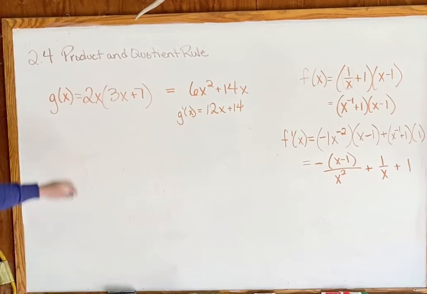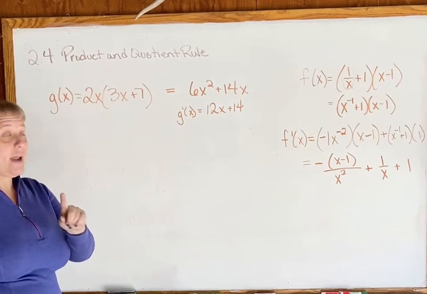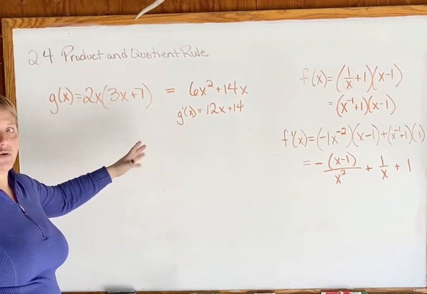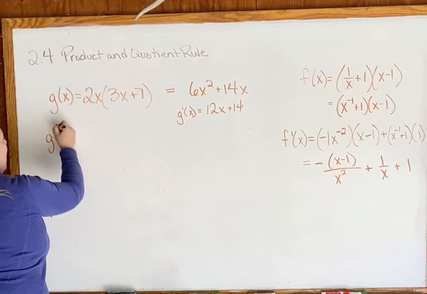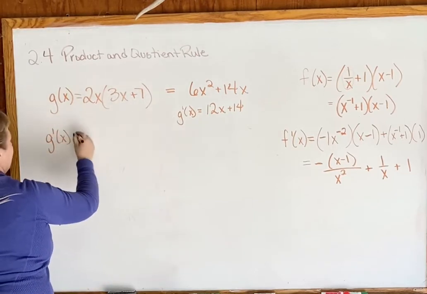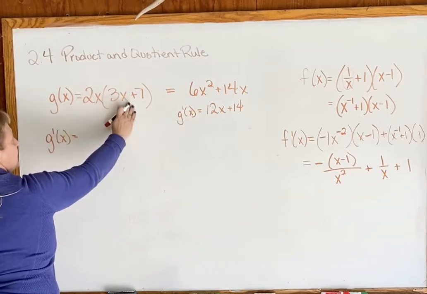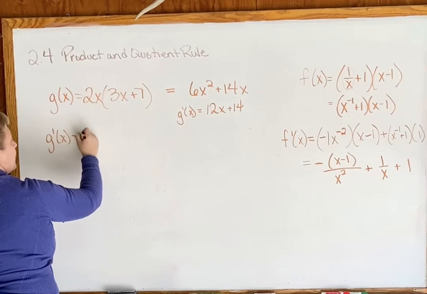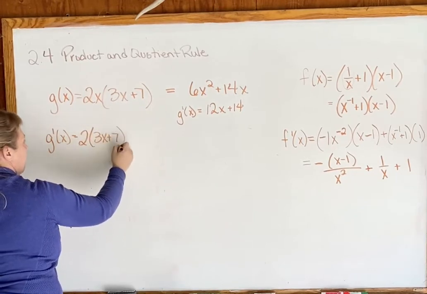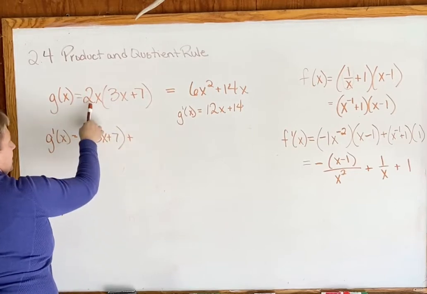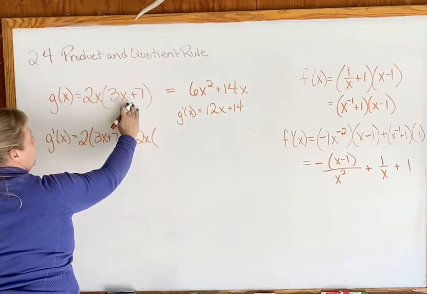And so by doing the distribution up front, it made our derivative really easy. But I also want to show you using the product rule. I want you to see that both forms work. So if we were using the product rule here, hopefully we're going to get the same answer. It says take the derivative of the first, leave the second. So the derivative of 2x is just 2, leave the second. Plus, leave the first, 2x, times the derivative of the second.